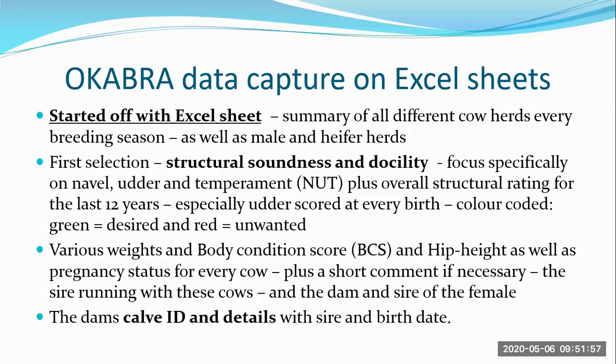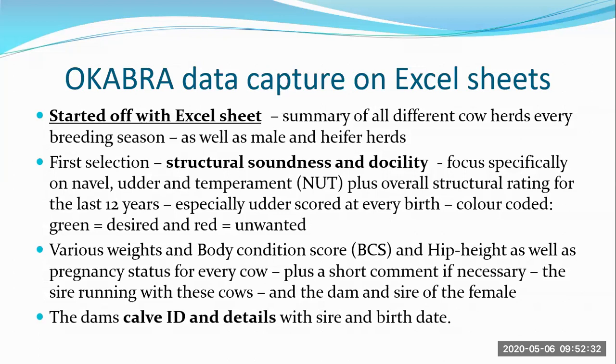The others we score at birth of a calf. That is the most important date when you score the udder. It's color-coded. A green is desired, and red is unwanted. We will see that later. In these sheets, we also put in various weights, body condition score, hip height, etc., and the pregnancy status of the cow. A short comment is necessary, if you've got a couple of 100 cows, so that you can refer back and make a memory of what happened there.